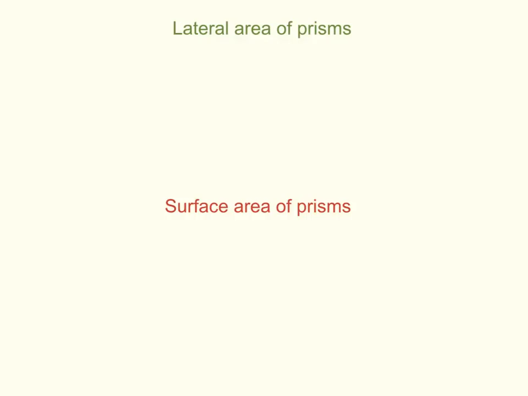So the formula here would be L, which is the lateral area, equals the perimeter times the height. Perimeter is around the outside, and then you would multiply that by the height of the object.